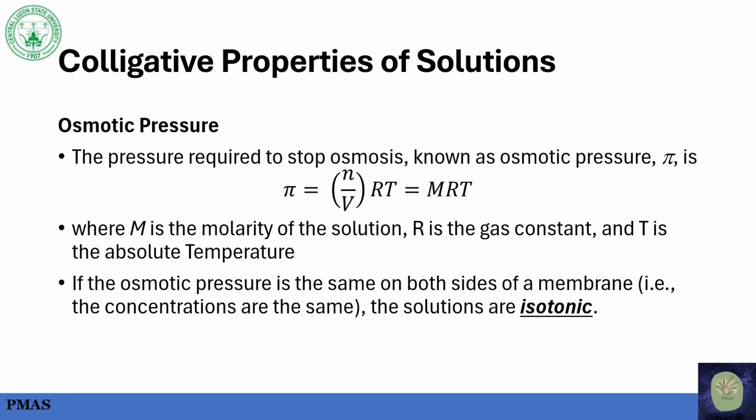Now, that pressure that stops osmosis is known as the osmotic pressure, defined by the symbol pi, which is equivalent to the number of moles divided by the volume, multiplied by RT, or equal to molarity M multiplied by R and temperature T, where R is your gas constant and T is absolute temperature in Kelvin.